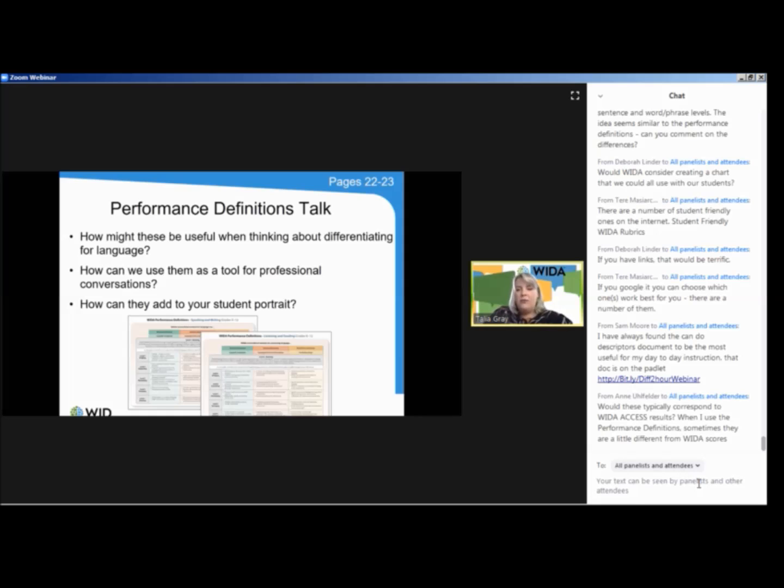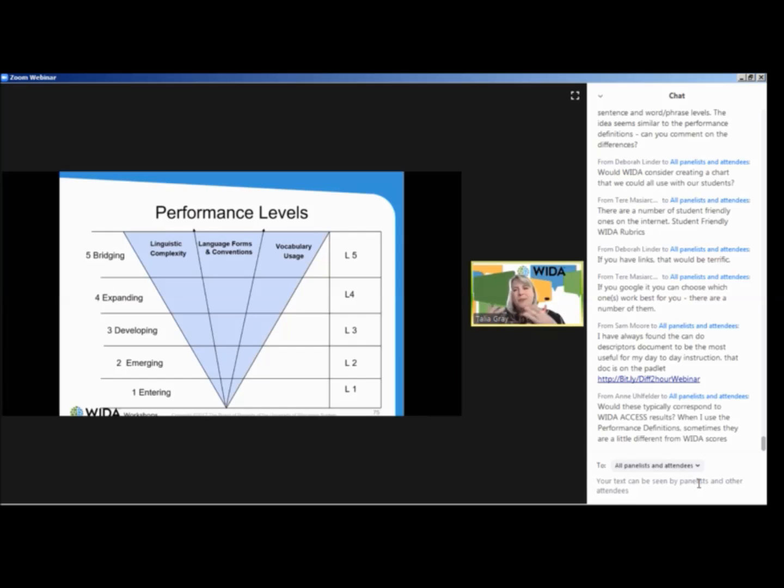All right, this next graphic is an explanation of why students are on different levels for different amounts of time. If you look at this graphic, you can see that the upside down triangle is all the things that the students should know.